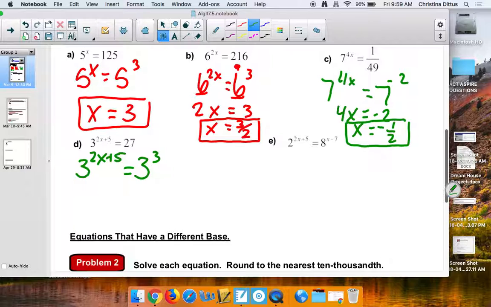So what am I setting equal? 2x plus 5. Good. 2x plus 5 equals 3. Subtract my 5 and I get negative 2. So 2x equals negative 2 and x equals what? Negative 1. Perfect. Okay, questions on that one?